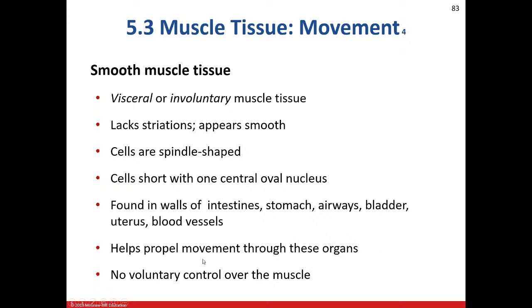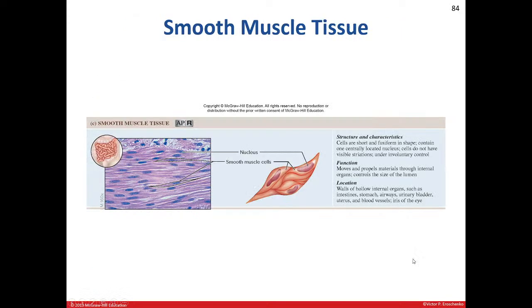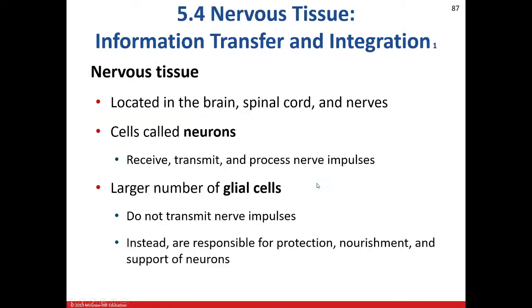All right, and again, yes, we have no voluntary control over the muscle. All right, so you can see here those spindle-shaped cells, they're pointy at both ends. They're also a lot smaller than the other muscle cells. There's no striation here. They look kind of smooth under the microscope. All right. Oval-shaped nucleus.